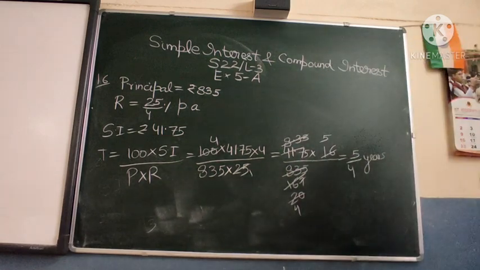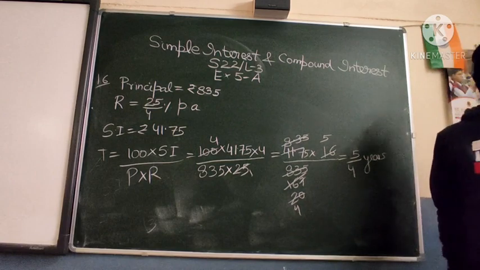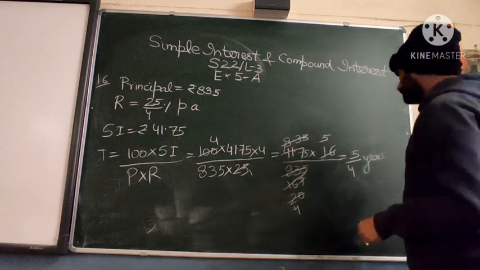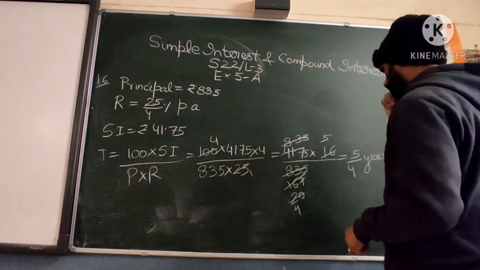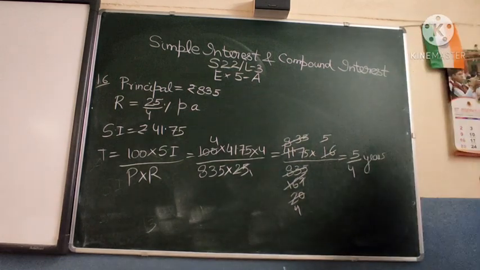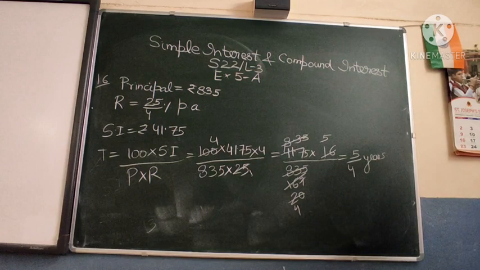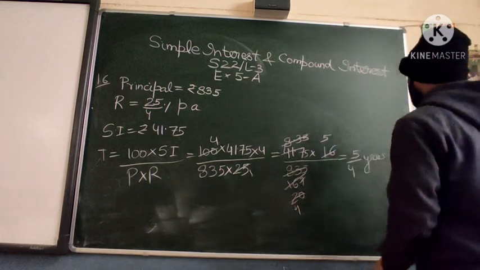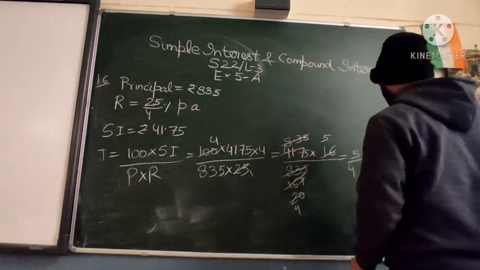Now this is in years. If you want to convert this into number of days, then what will happen here? We'll convert this 5 by 4 years into number of days.